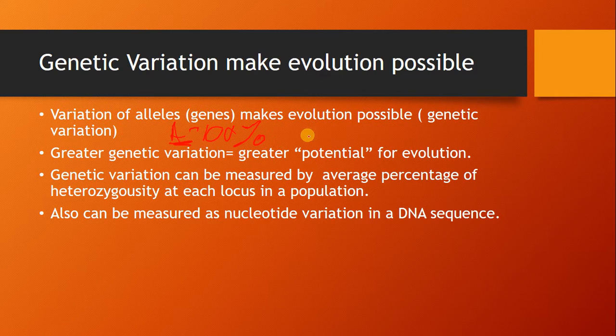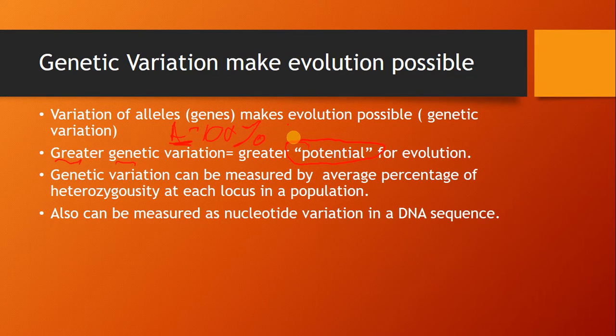You need to have the possibility of some birds carrying genes for different size beaks for evolution to happen. Also, the greater the amount of variation, the more potential for evolution to happen. The more different alleles there are out there, the more natural selection has to work with.